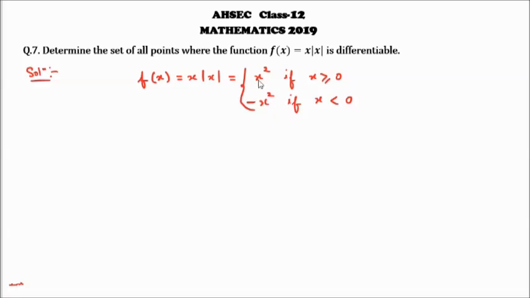And here one more thing, the domain of the function is not given. If the domain and codomain of the function is not given, we will always consider the domain as the set of real numbers. So we will consider this function as function defined from R to R. So we will consider that our set of real numbers is our domain.